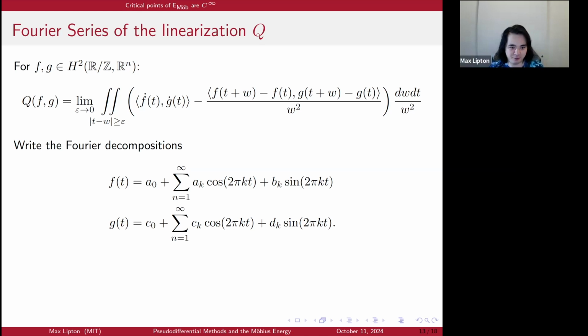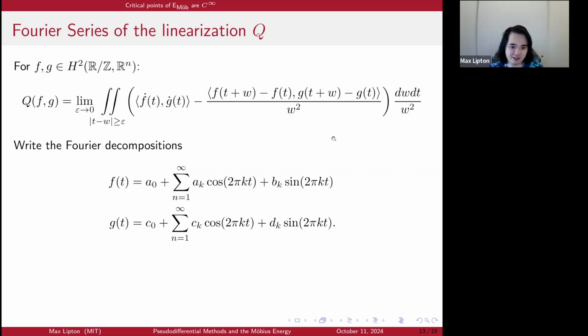So we have that the quadratic form is defined as this integral of the pairwise inner product of the tangents of f and g, along with a scaled inner product of the differences for f and g. So the second term corresponds to a scaled difference quotient.